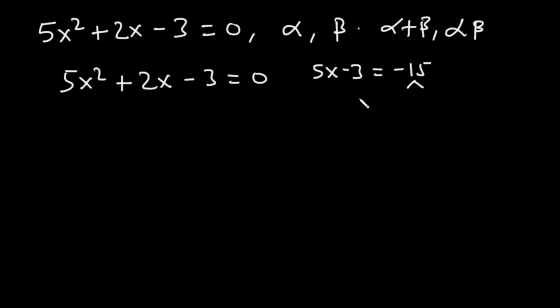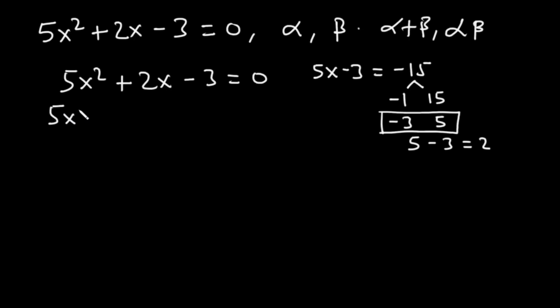The factors of negative 15 are negative 1 and 15, and then negative 3 and 5. Because we want to get plus 2, we can say that 5 minus 3 is equal to 2. So we can use negative 3 and 5. So we are going to have 5x squared plus 5x minus 3x minus 3 is equal to 0.